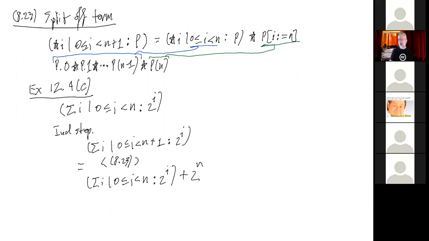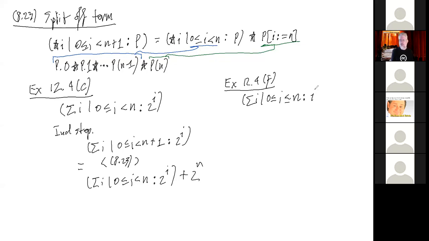However, we also have exercises that don't behave like that. As an example, if we looked at exercise 12.4F, we have the summation of I, 0 at most I, and now here we have less than or equal to, right? That's different than here where we have a less than.